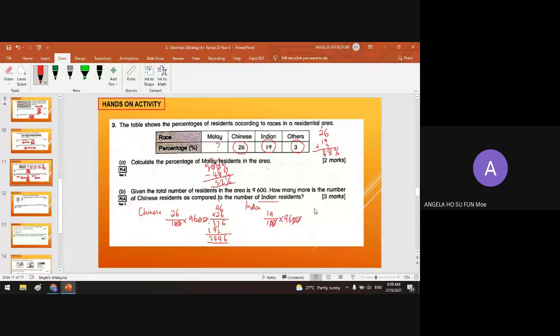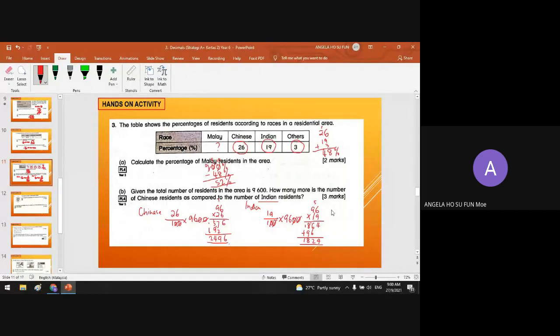So you use 96 times 19. 9 times 6 is 54. 9 times 9 is 81, plus 5 is 86. 1 times 6 is 6. 1 times 9 is 9. So plus together, 4, 12, 18. So Indian is 1,824.